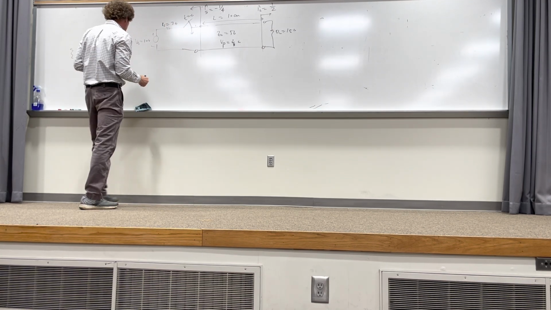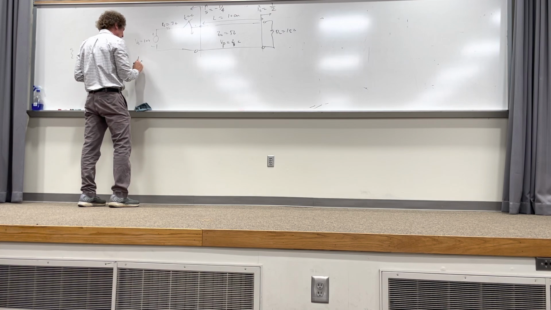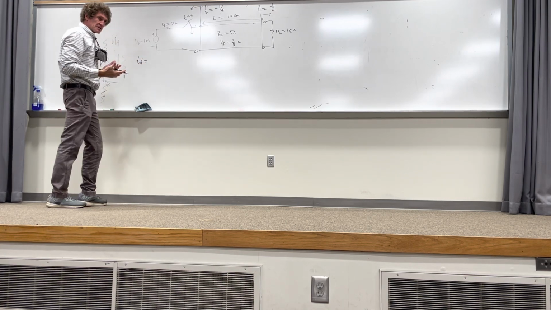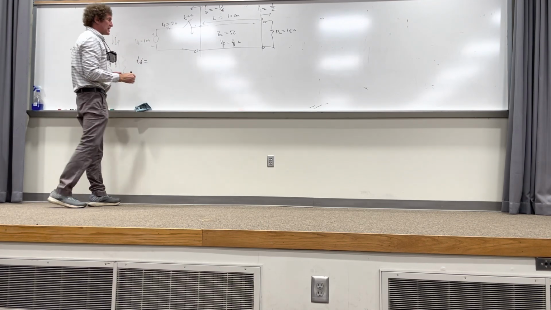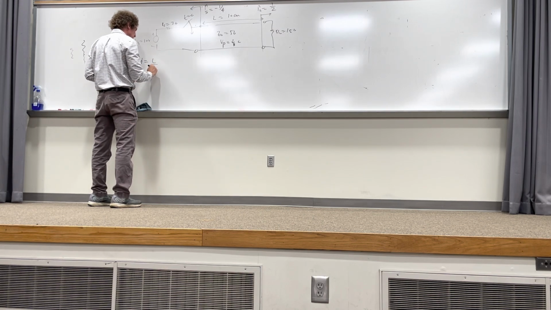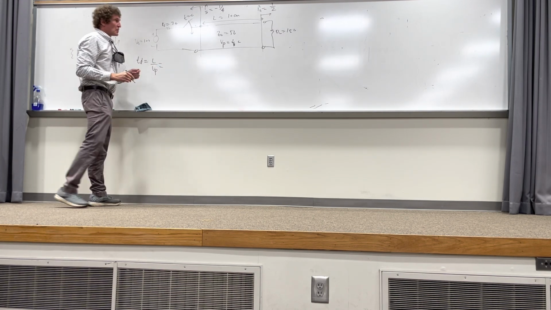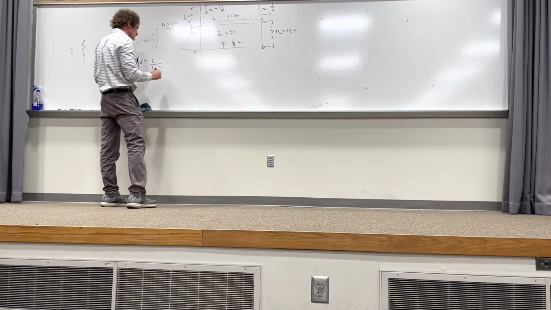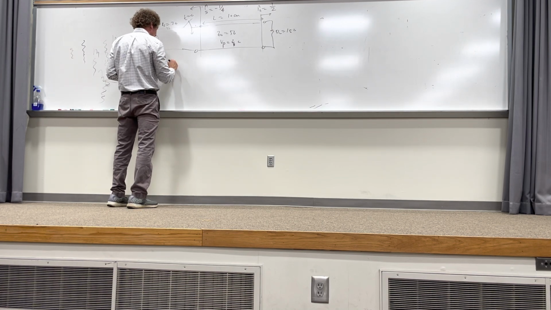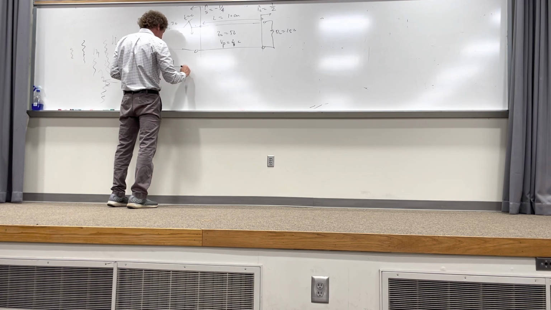Next, I need the time it takes to go down the line one time. And it doesn't matter how you denote this. So it's the length of the line, L, over the velocity on the line. Well, the length is 10 centimeters, 0.1 meters, right? And the velocity is 2/3 c, that's 2/3 the speed of light. The speed of light is 3 times 10 to the 8th meters per second.